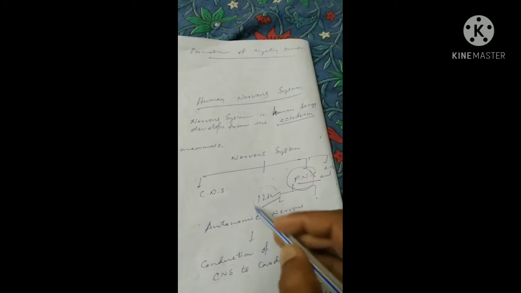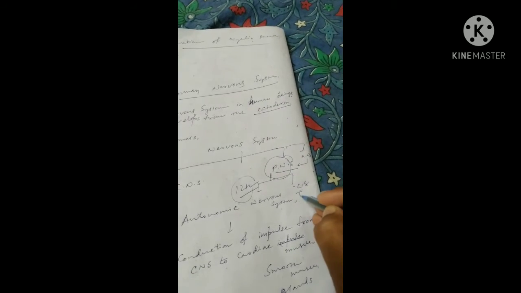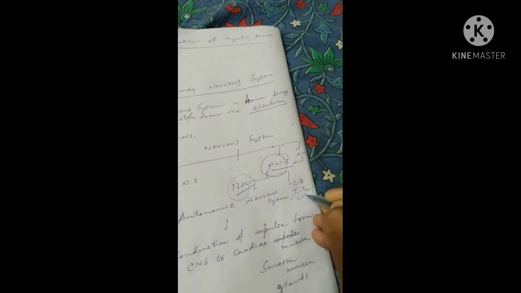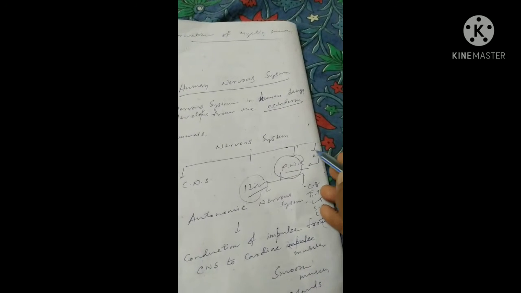And the spinal nerves are cervical 8, thoracic T1 to T12, lumbar 5, sacral 5, and coccygeal 1, so 31. And among them, most importantly, the autonomic nervous system is included within the peripheral nervous system.